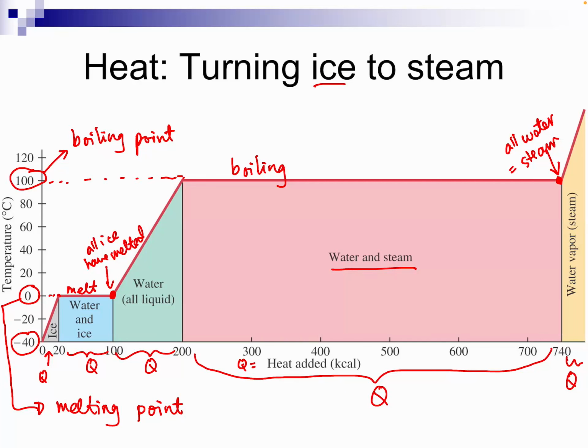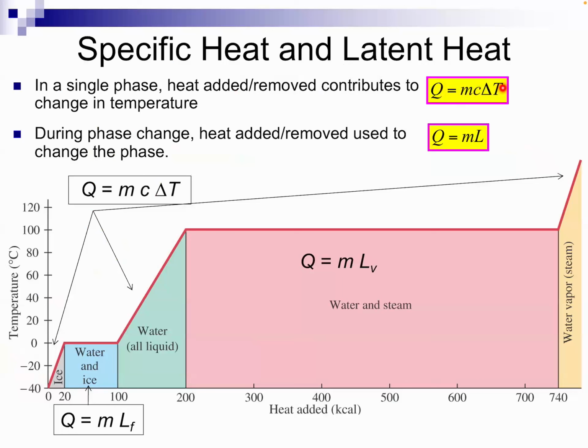Right, so it's quite easy to notice when you should use the equation Q equals mc delta T and Q equals mL. Notice that the temperature increases when the object exists in a single phase, right? So when the object is purely solid, purely liquid, or purely gaseous, then any heat added goes into the change in its temperature.